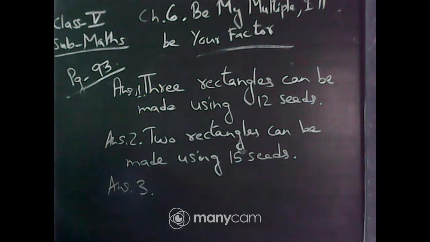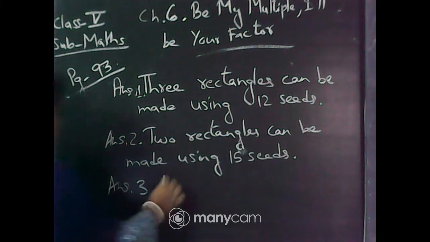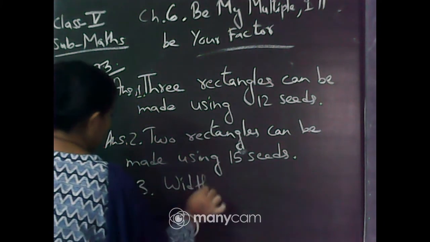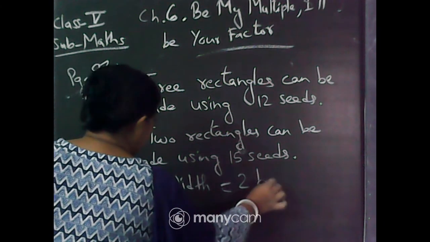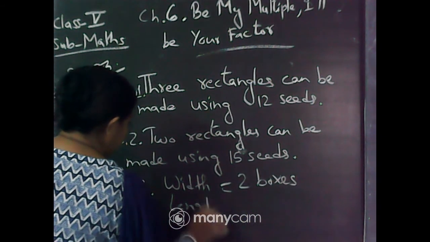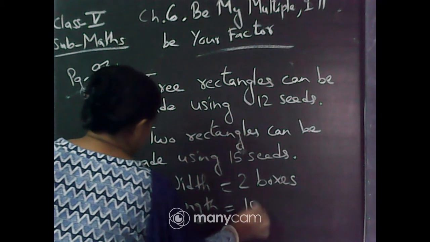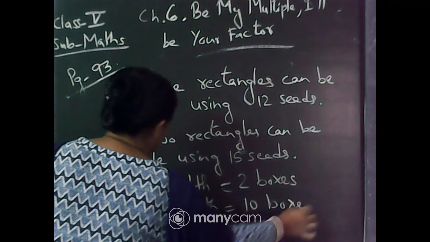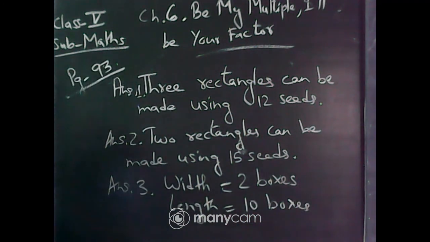That means the breadth or width is equal to 2 boxes and the length is equal to 10 boxes. Okay.